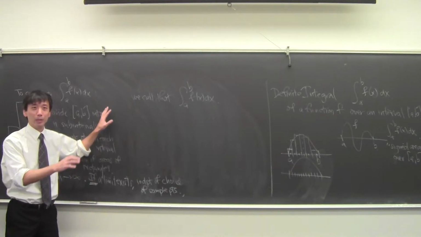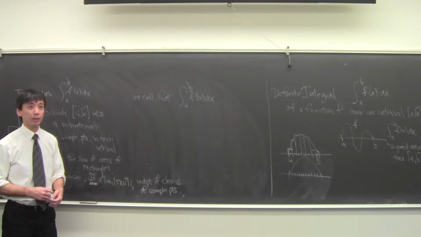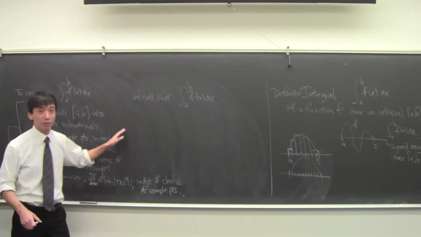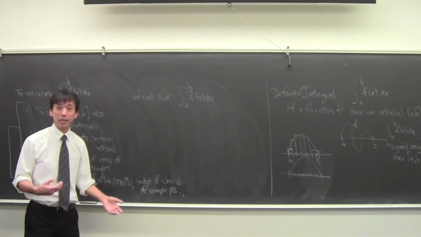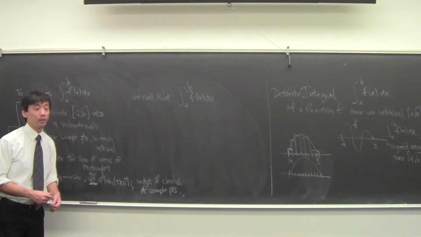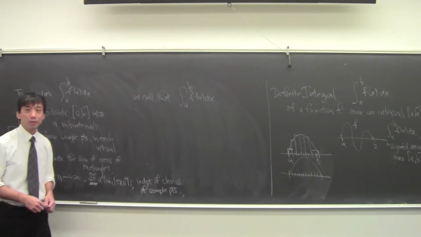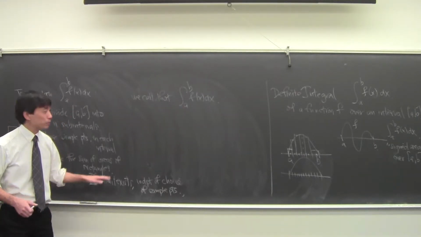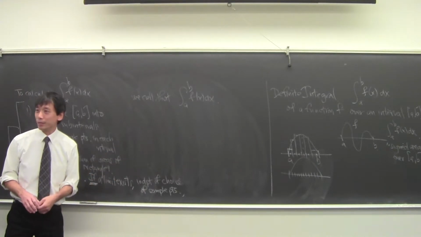This is just to remind you what a definite integral is. A definite integral is kind of a tedious thing to calculate. This is one way of defining the definite integral.